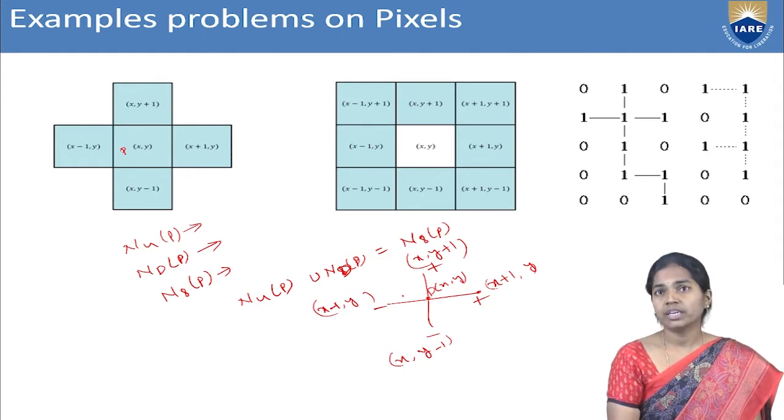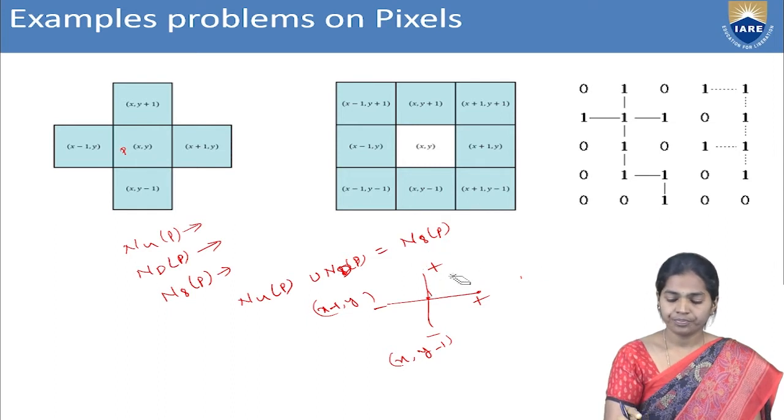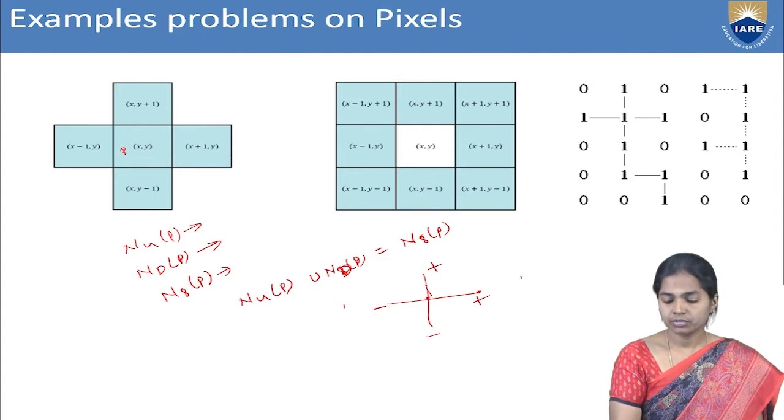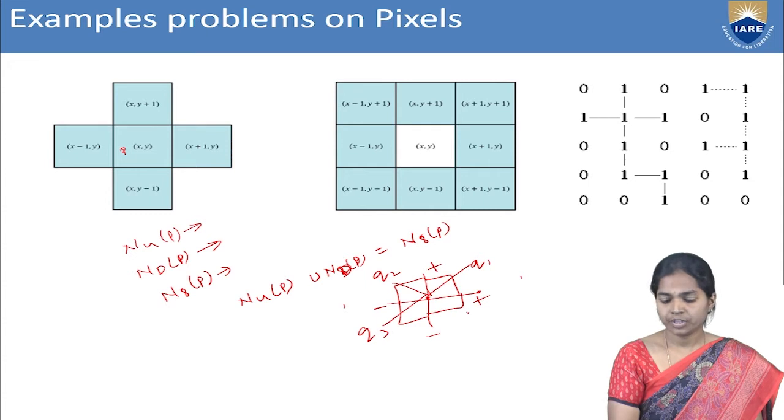When we go for the diagonal form, here it is one diagonal quadrant. Here it is q3, here it is q4. In this case, x is plus and y is plus, so the next is x plus 1 comma y plus 1.